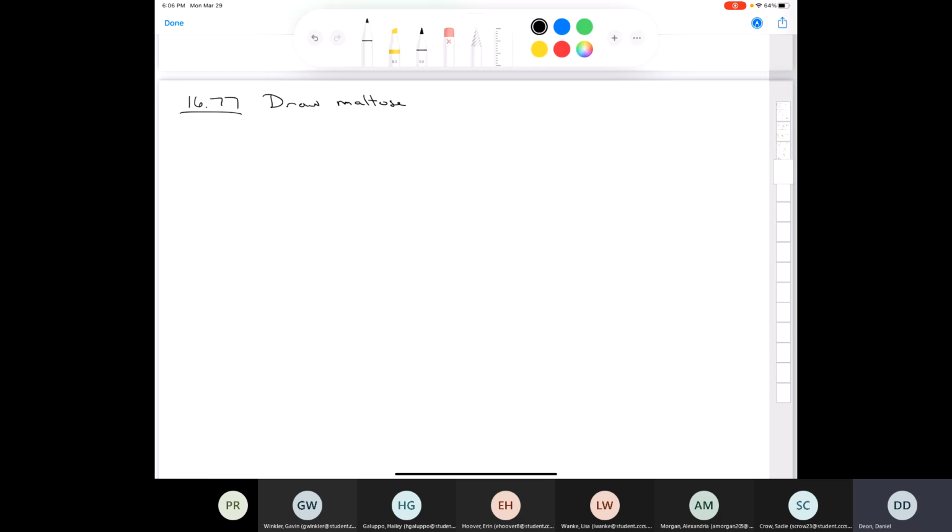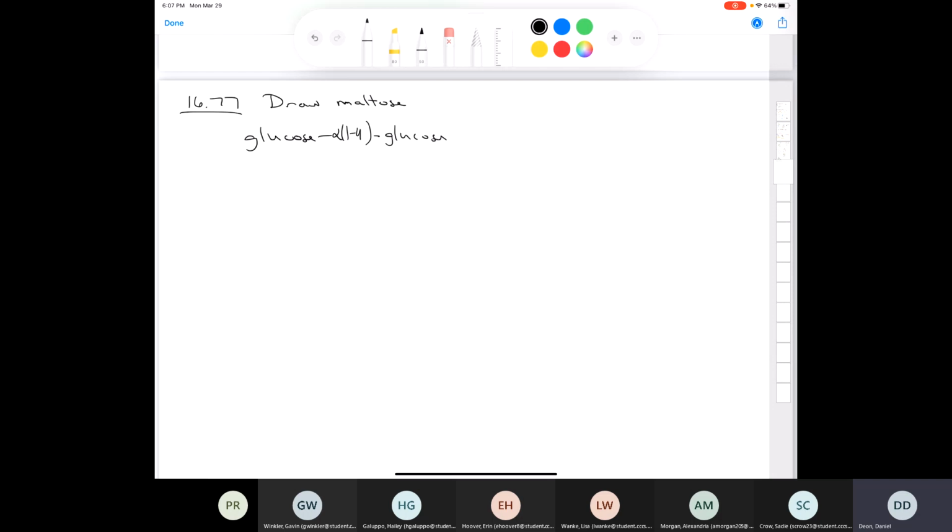It says that maltose is a disaccharide isolated from amylose that consists of two glucoses. So you've got a glucose, and you've got another glucose linked together. Okay, and they're linked together by an alpha 1,4 bond. So you get an alpha 1,4 bond in between them.